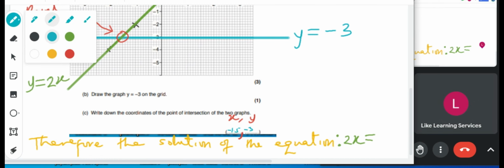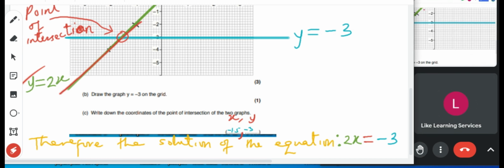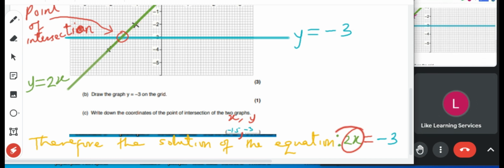It's a very easy thing. The graph in green is what? Y equals 2x. What's the graph in blue? Y equals minus 3.